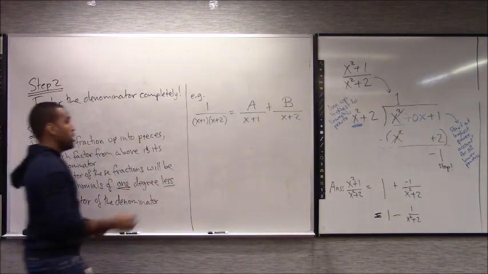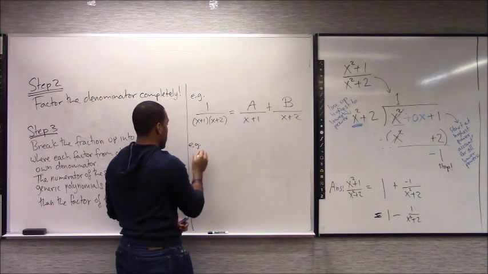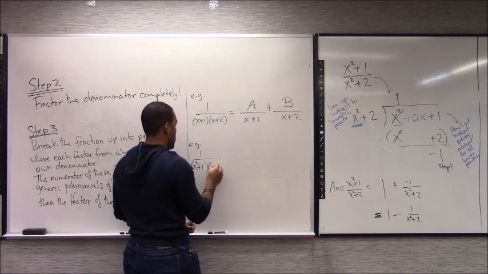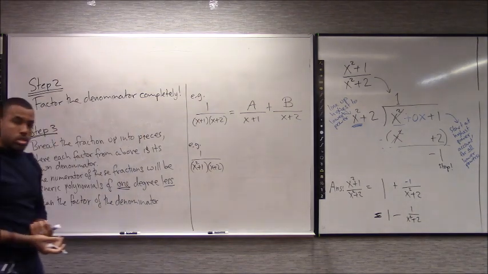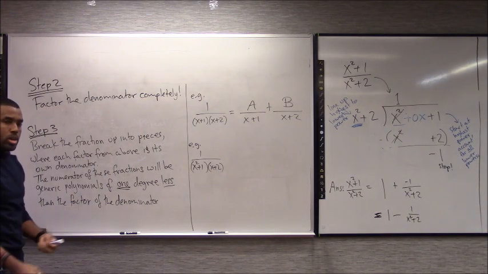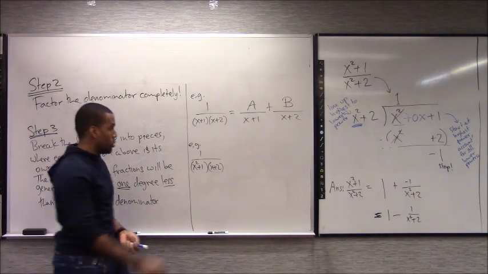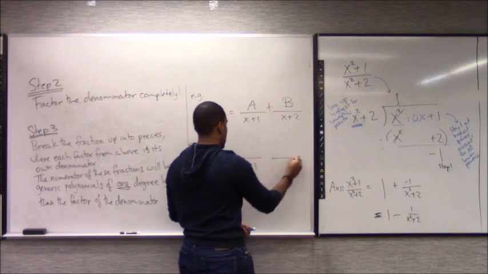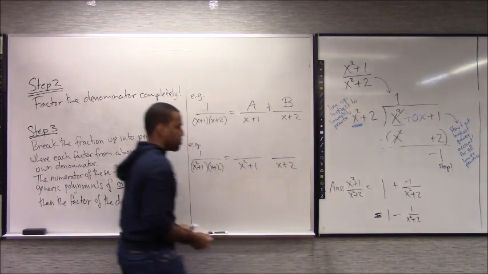If I had something like 1 over x squared plus 1 times x plus 2, that again is a fully factored thing, because you can't factor the sum of squares since we don't have complex analysis. So you would break this up into 2 parts, x squared plus 1 and x plus 2.